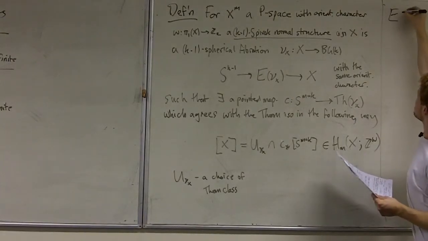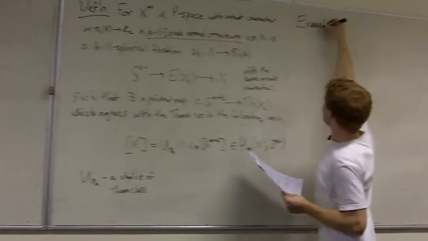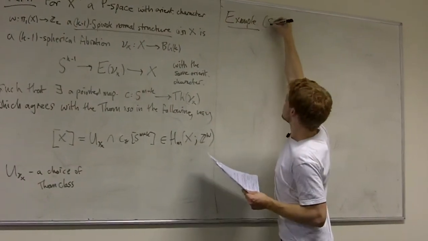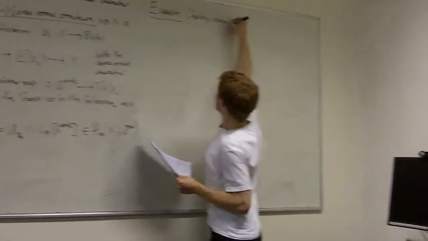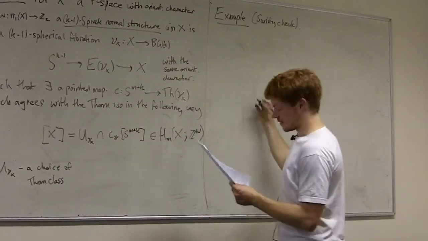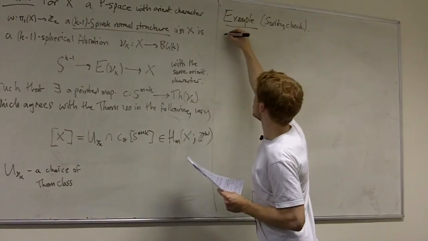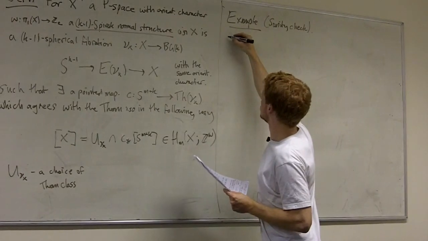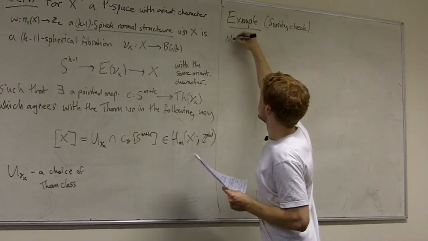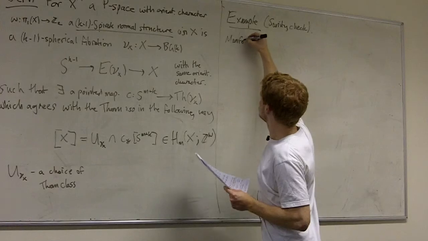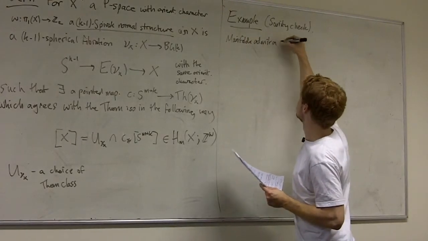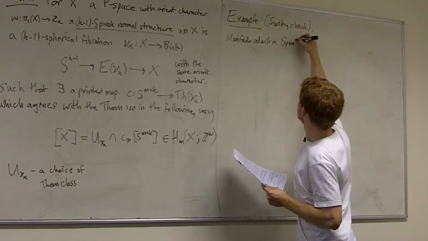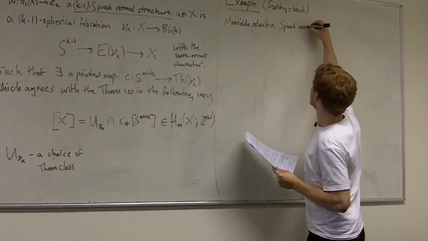So, example, sanity check. Let's say manifolds admit a Spivak normal fibration.